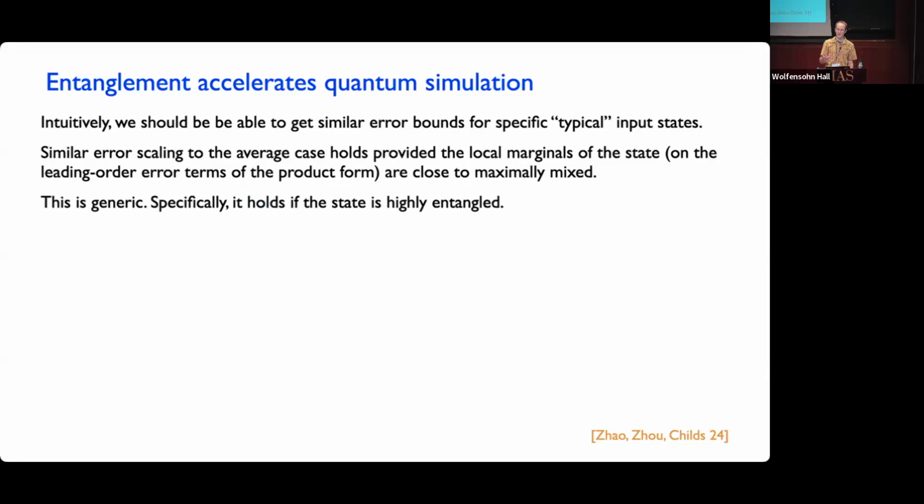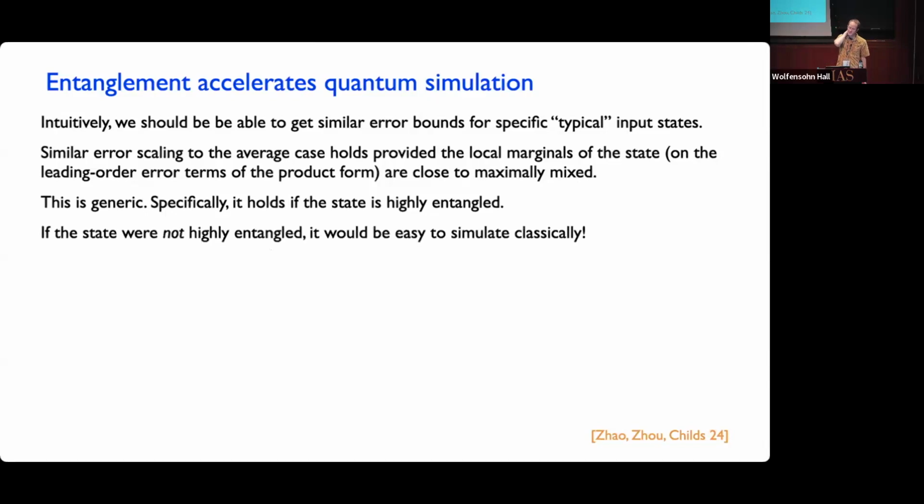This behavior, that these marginals are close to maximally mixed, is actually a pretty generic thing. Certainly if you would choose the state at random, it would hold with high probability. And it's going to hold as long as the state is highly entangled. If we've got a reasonably entangled many body state, it's going to have these marginals being close to maximally mixed. And then you're going to have this better scaling of the error than you would have in the worst case.